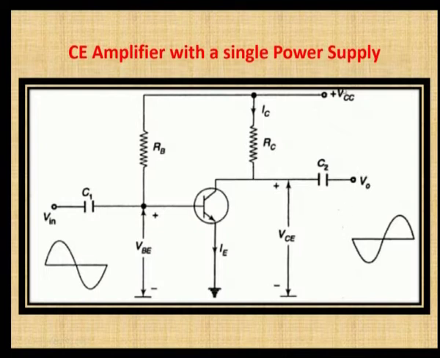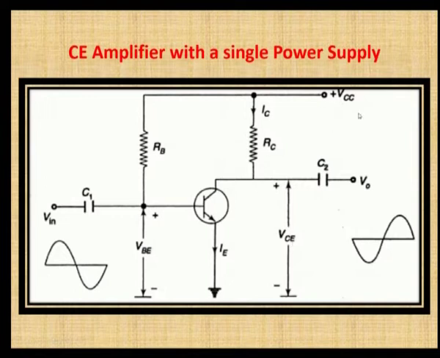So, VCC minus ICRC is equal to V out, and V out is VCE, that is the collector emitter voltage across the collector and emitter. Instead of V out we can write V0, so VCE is equal to VCC minus ICRC.